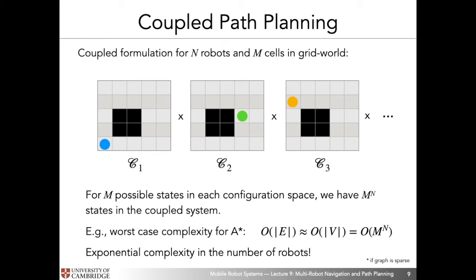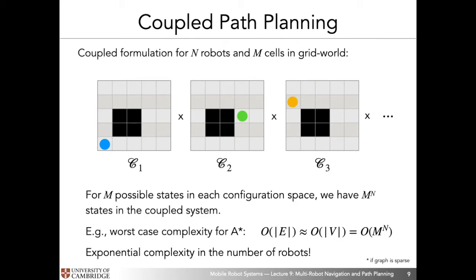So if we were now to use an algorithm such as A*, what would it mean for the complexity of computing a solution to this coupled problem? Well, basically, we know that the worst case complexity for A* is in the order of the number of edges, which is approximately in the order of the number of vertices, in the case that we have a graph that is sparse, which in this case is equivalent to m to the power of n, right?